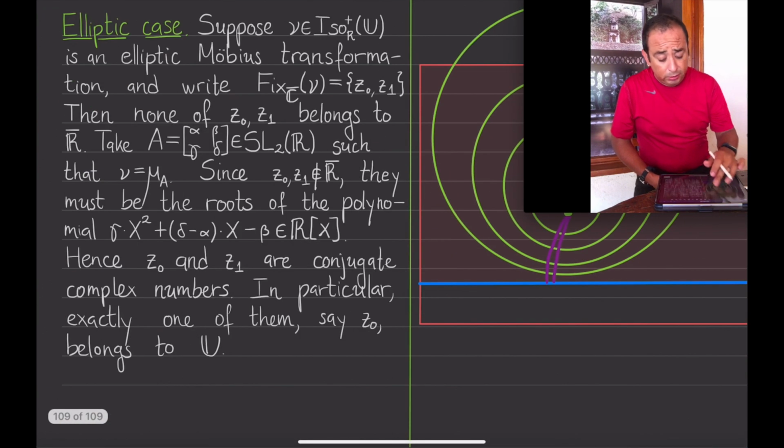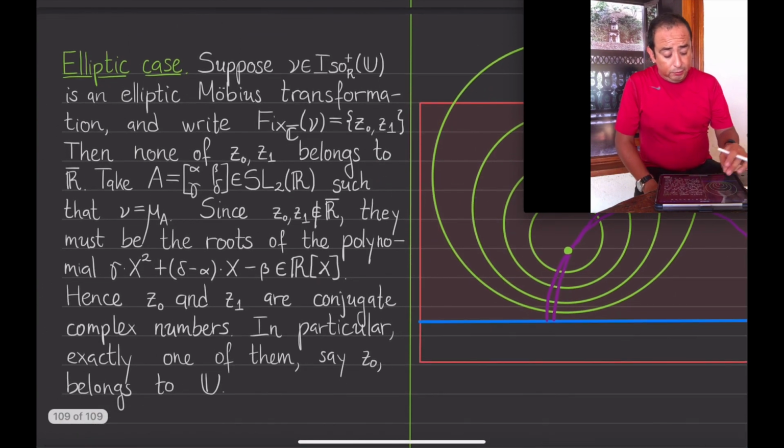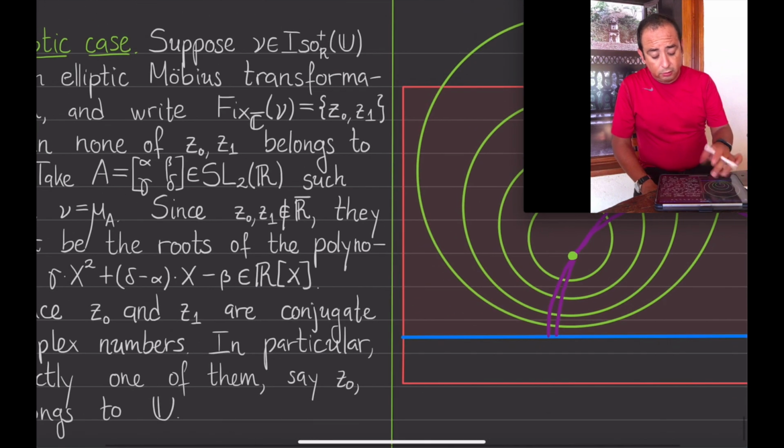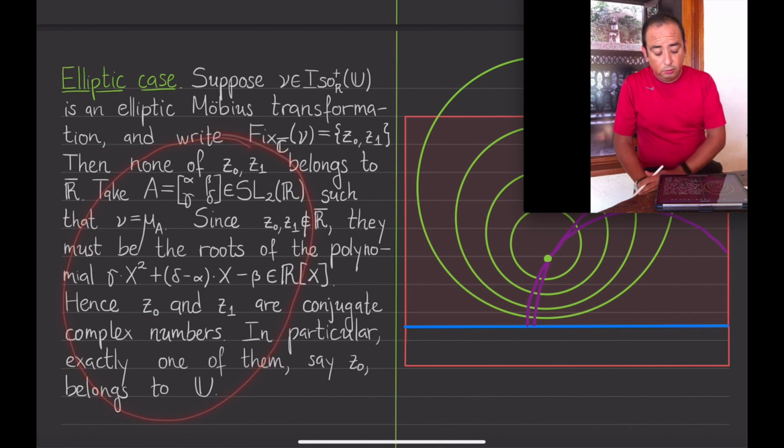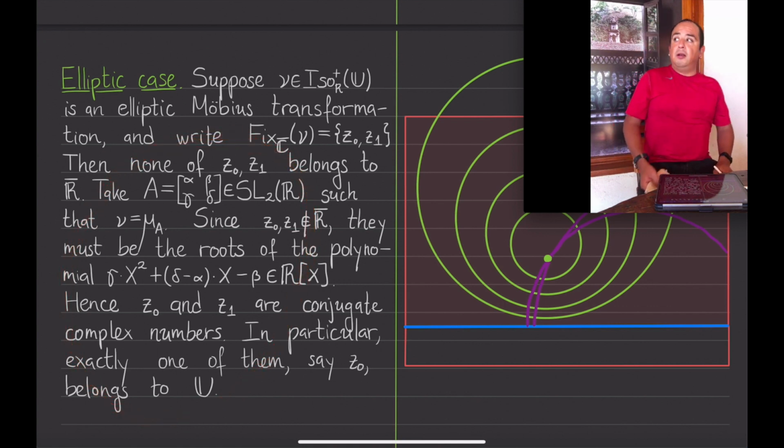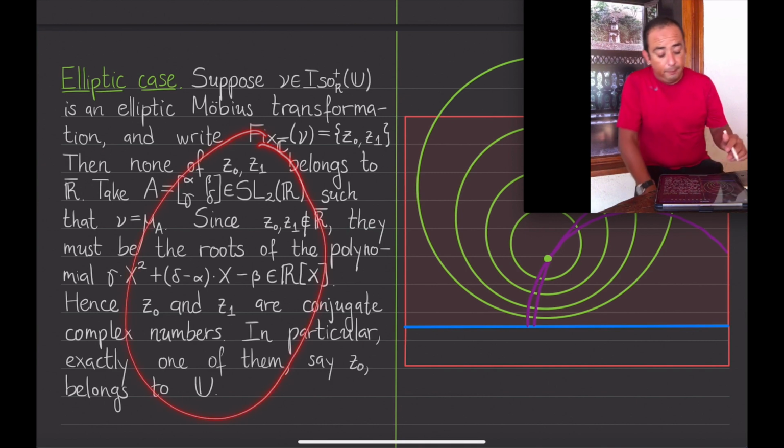Okay, back to this elliptic case. You see now here, somehow determining where the fixed points are, how the fixed points are organized, was maybe a bit harder here.